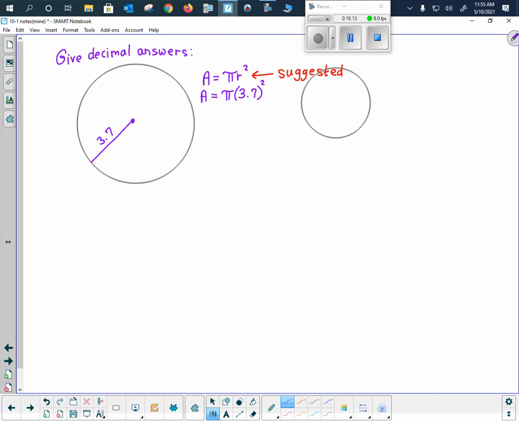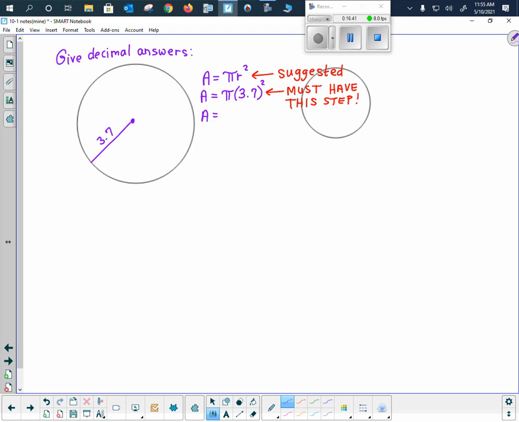So I need to at least see you plugging it into the equation. So this step is a must. Must have this step to get credit.